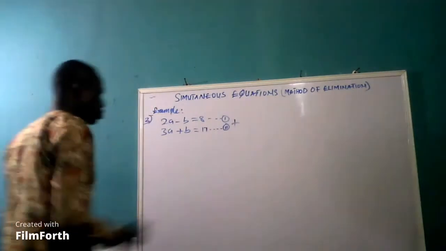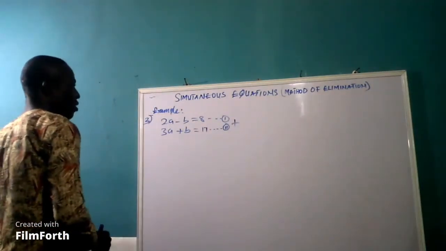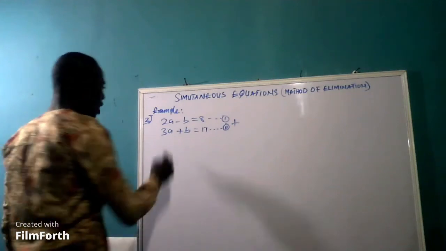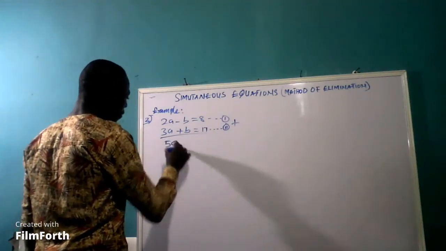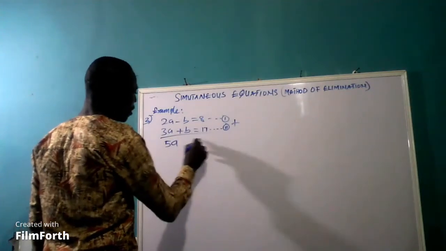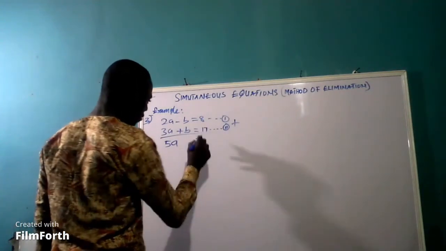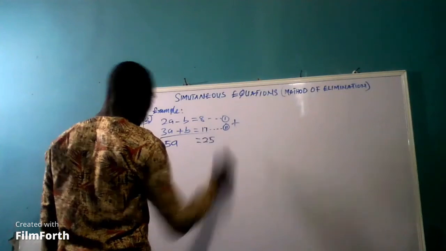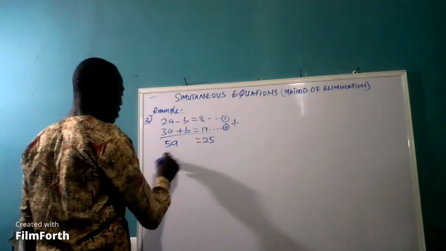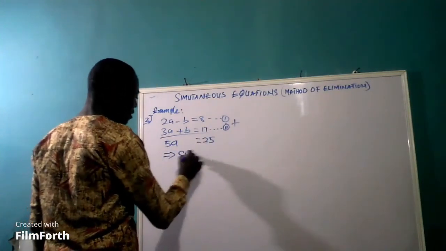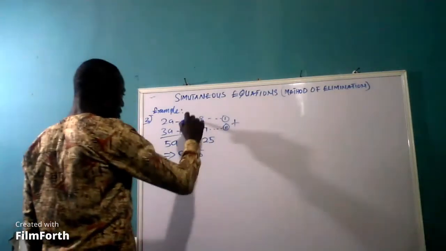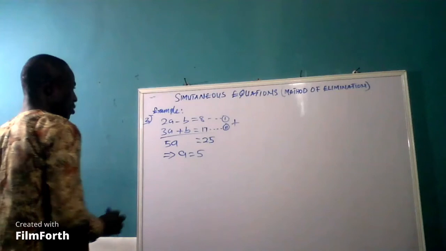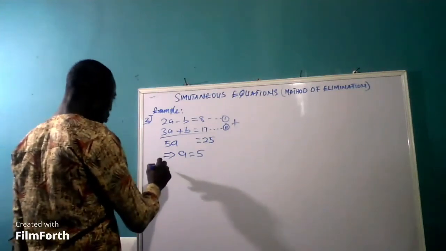Just add equation 2 to equation 1, or add equation 1 to equation 2, and that will give you 5a. Of course the b terms will be 0, and you have 8 plus 17, that will give you 25. So 5a equal to 25, and this implies that a is equal to 5. Substituting back the value of a into any of the original equations, let me choose equation 2 this time.